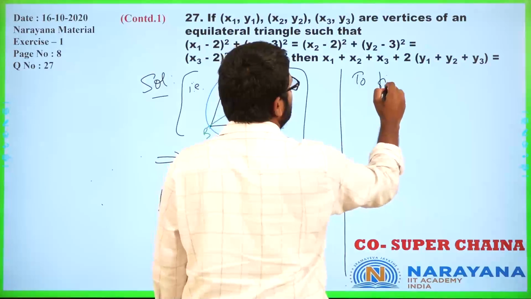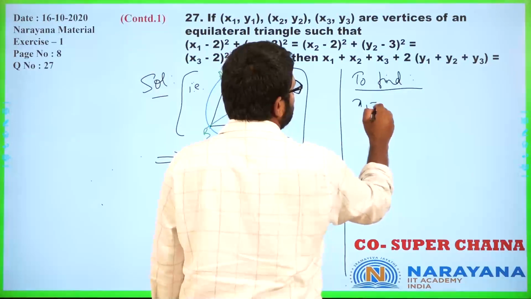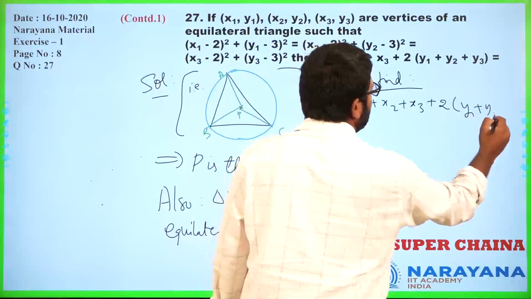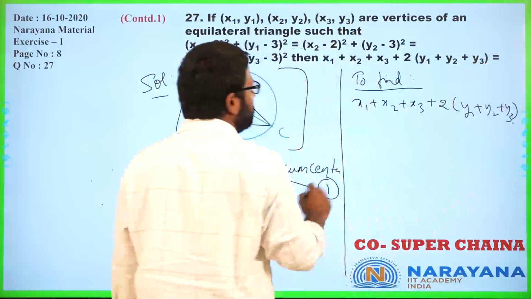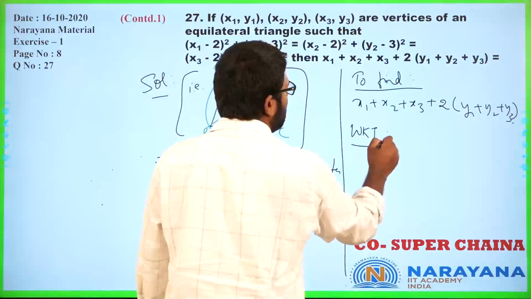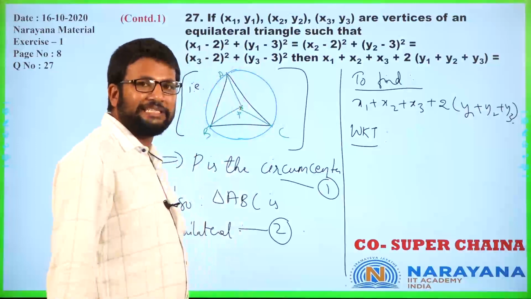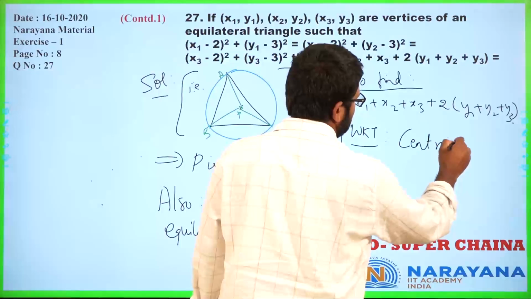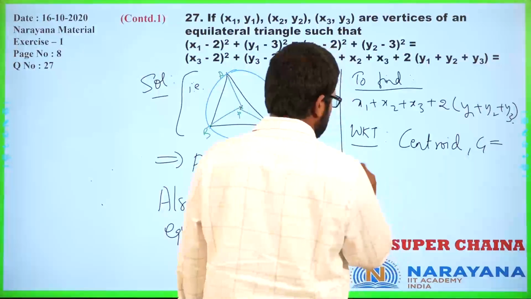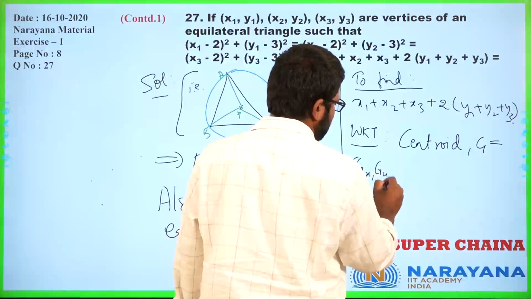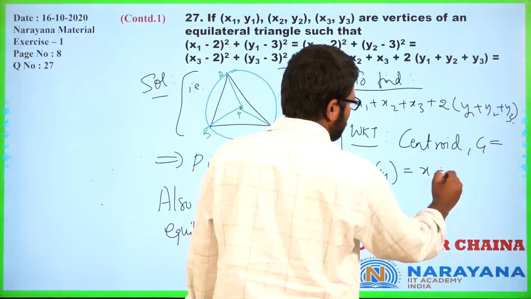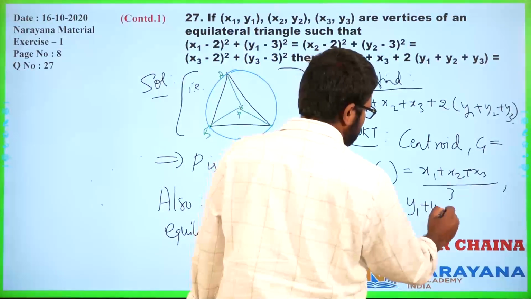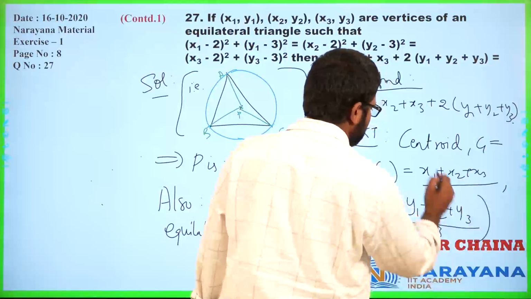Now, what is asked? To find x1 plus x2 plus x3 plus 2 times (y1 plus y2 plus y3). Clearly this expression reminds you of the centroid expression. So we know that the centroid G, let us call it (Gx, Gy), is ((x1 plus x2 plus x3) by 3, (y1 plus y2 plus y3) by 3).